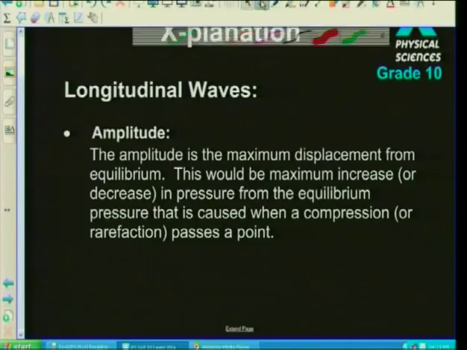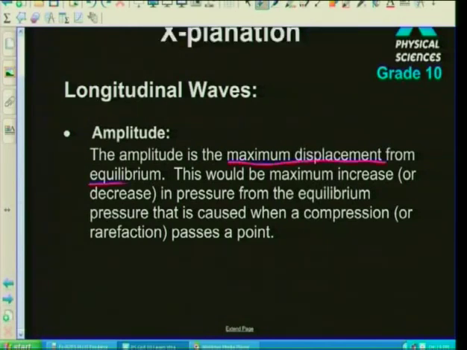We've spoken about amplitude a little bit, but let's define it. Amplitude is your maximum displacement from equilibrium. Longitudinal waves have a little added thing here. It says this would be the maximum increase or decrease in pressure from the equilibrium position. Why are we talking about pressure?